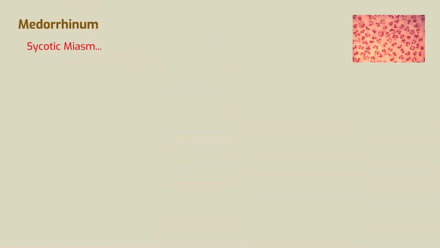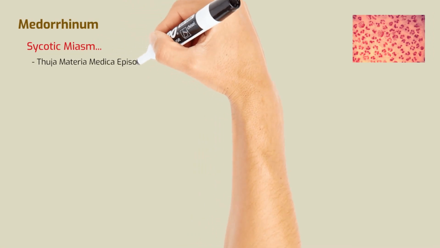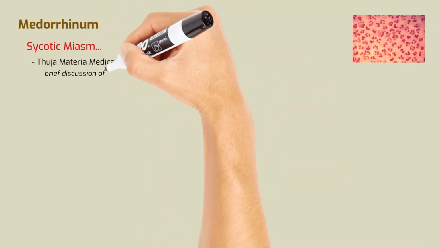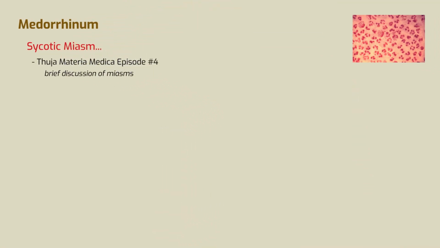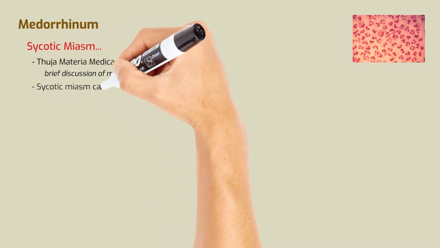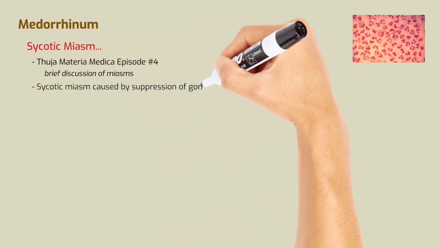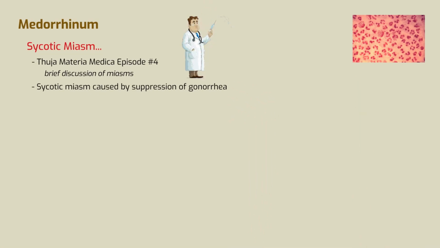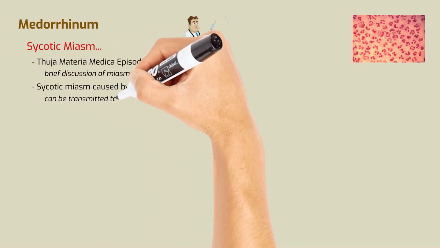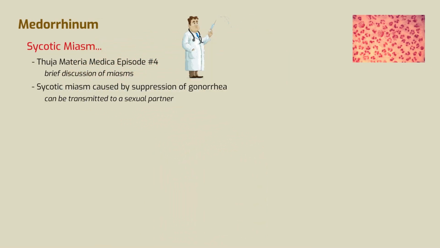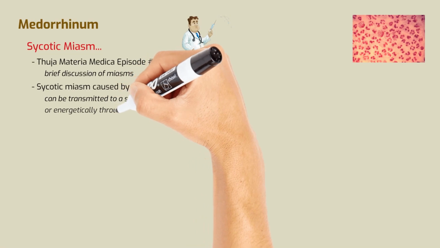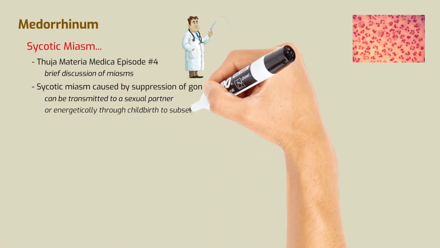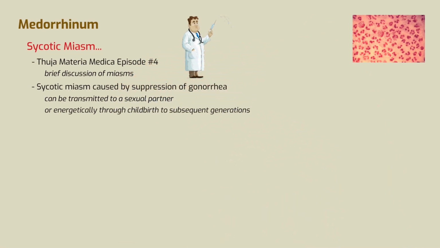Okay, you may recall that the Thuja Materia Medica episode contains a brief discussion of miasms, and more specifically, the psychotic miasm. The psychotic miasm results from the suppression of gonorrhea through inappropriate medical treatment, and this miasmatic influence can then be transmitted either to a sexual partner or energetically, not genetically, through childbirth to subsequent generations.